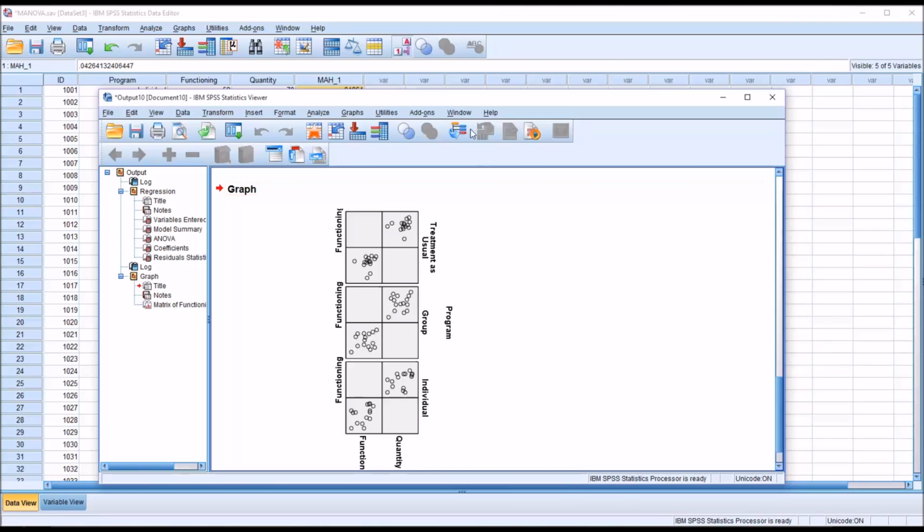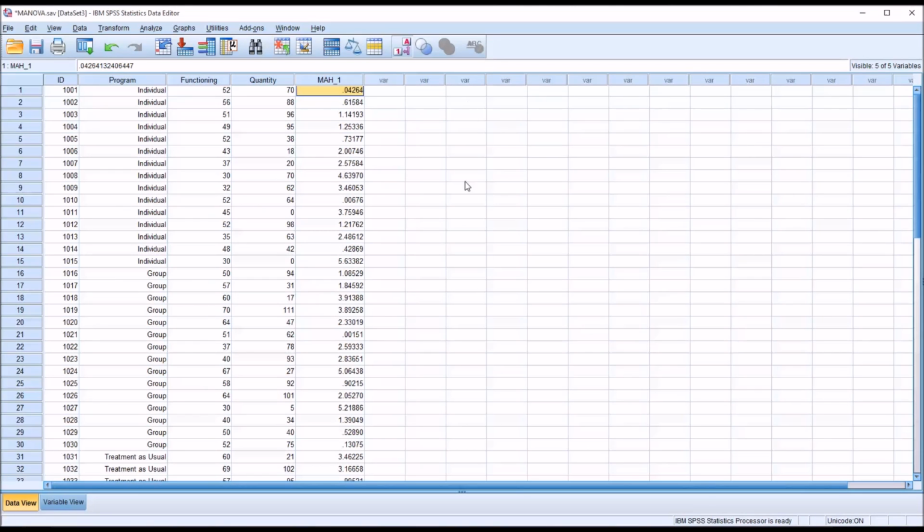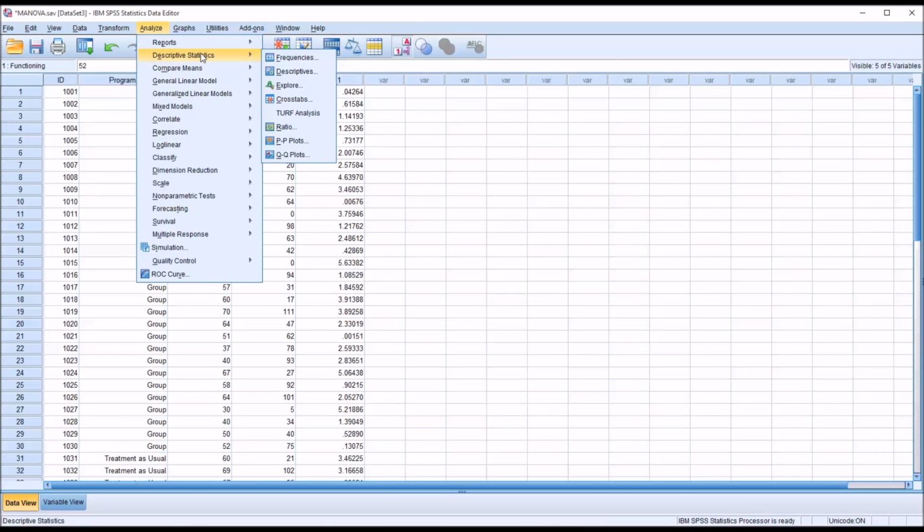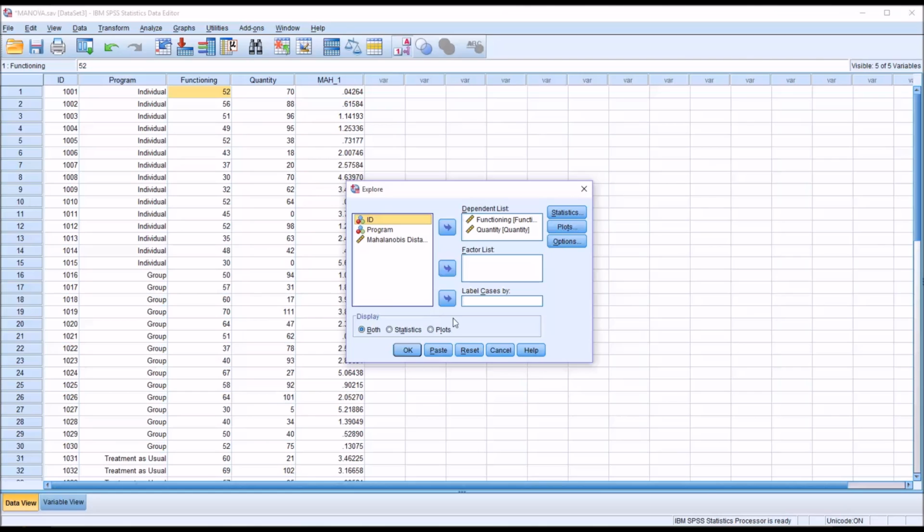Another assumption is the multivariate normality. And the way that's often tested is by looking at the normality for each of the dependent variables. Now that is a different thing than multivariate normality, but that's how we typically test it. So we'll go to Analyze, Descriptive Statistics, Explore, and you can see I have this populated, so I'm going to reset this.